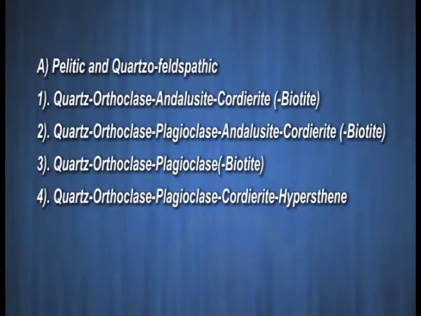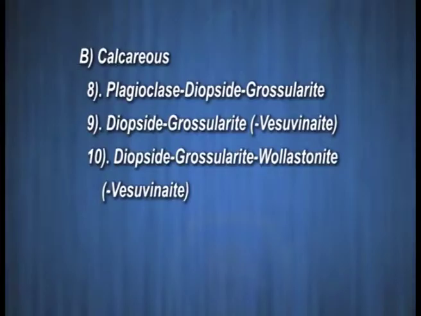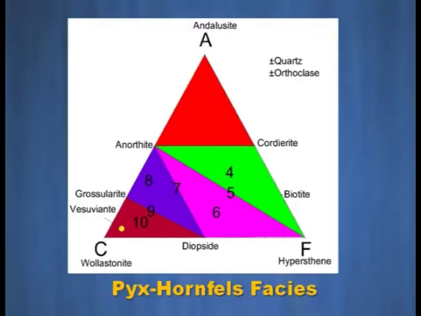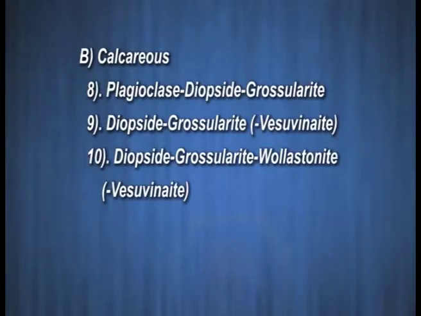Fourth is your quartz, orthoclase, plagioclase, cordierite, hypersthene. And now another important group, the calcareous assemblages: plagioclase, diopside, grossularite; diopside, grossularite, vesuvianite. Another important assemblage is diopside, grossularite, wollastonite, vesuvianite.